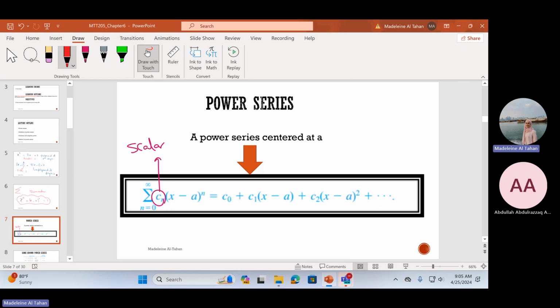Now, the power series that we will be dealing with in our course are those power series that are centered at 0.